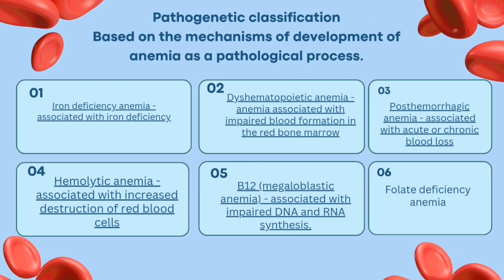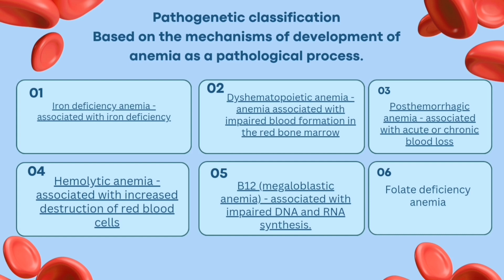Okay, the pathogenetic classification has 6 types. First, iron deficiency. Second, dysmetapoietic anemia. Third, post-hemorrhagic anemia. Fourth, hemolytic anemia. Fifth, B12 deficiency anemia. And sixth, folate deficiency anemia. Now, pathogenetically, iron deficiency means iron is not enough.